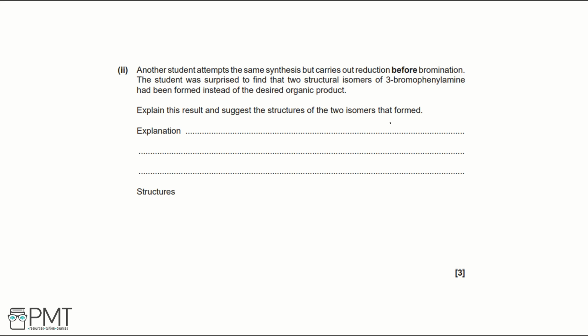As I said before, a nitro group has a 3,5 directing effect, but if you carry out reduction first, you have an NH2 group, which has a 2,4 directing effect, and therefore the bromines will be in different locations around the benzene ring.